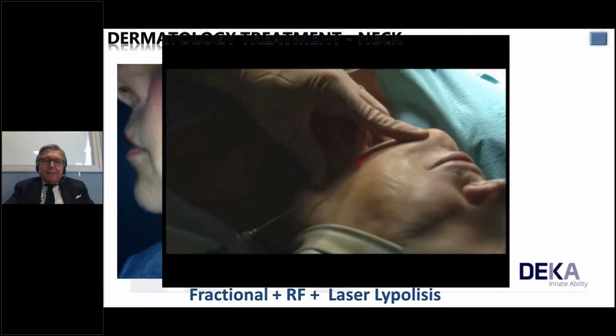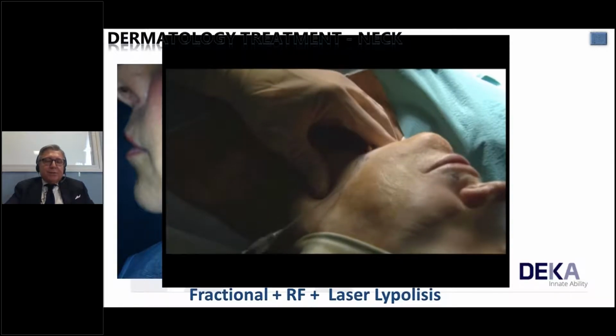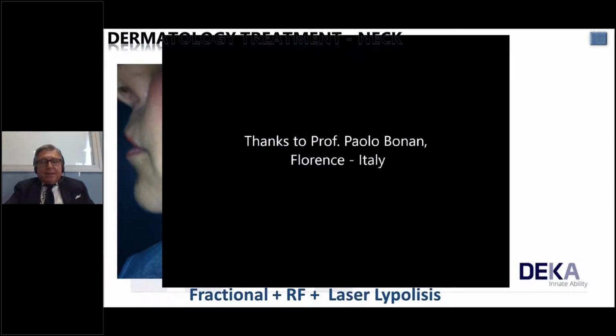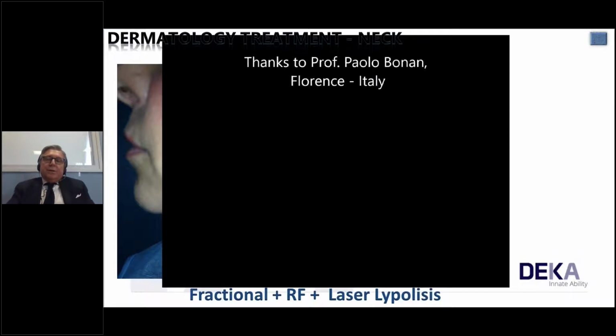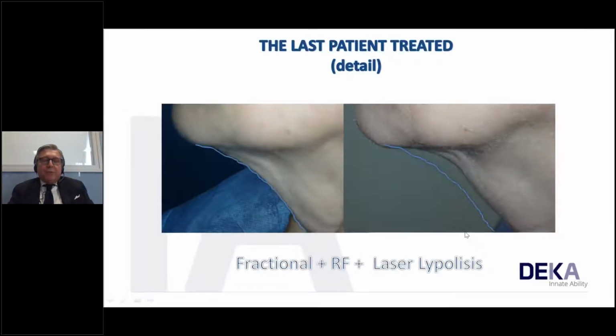Sometimes we can combine 3 modalities: fractional CO2, radio frequency simultaneously emitted with the laser, and laser lipolysis, characterized by the injection of local anesthesia and then the use of a 300 micron fiber and Nd:YAG, with one of the products of Deka, that is Smart Lipo.